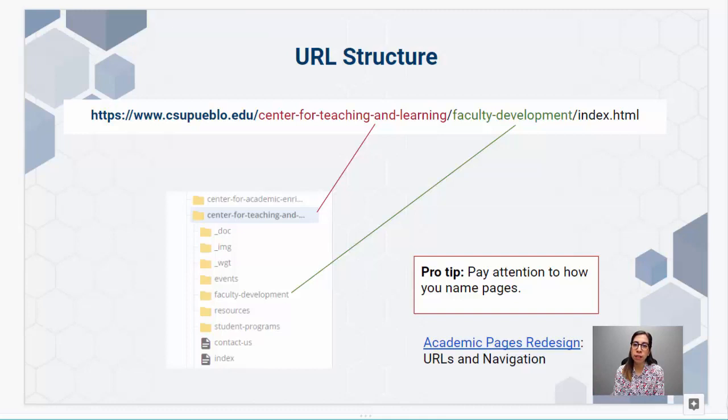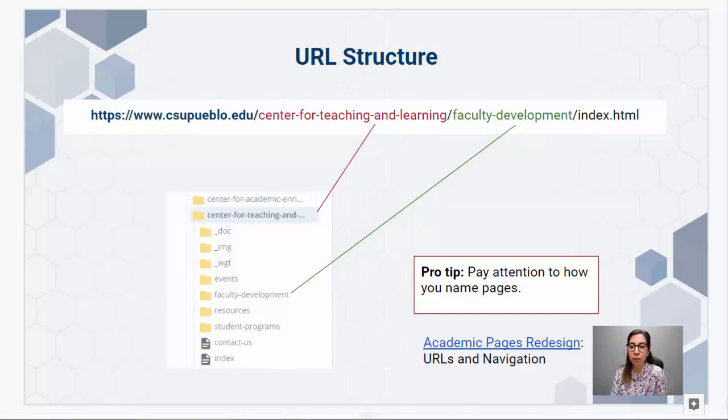So include every single part of the name, make sure that the name of a page also matches the title of the page, which we can go about a little bit more in depth about in other videos. But again, just pay attention to those naming conventions since they do make up the URL.